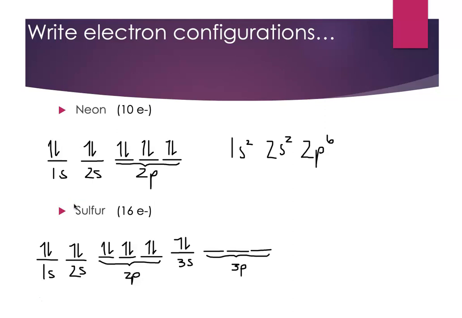So I've got the 3 lines, 1 in each before I pair. 1, 1, 1, and then I'm going to pair it up. I can pair up the electrons in any one of the 3 orbitals. But I see from this electron configuration that sulfur's got 2 unpaired electrons. And my spectroscopic notation would be 1s2, 2s2, 2p6, 3s2, 3p4.